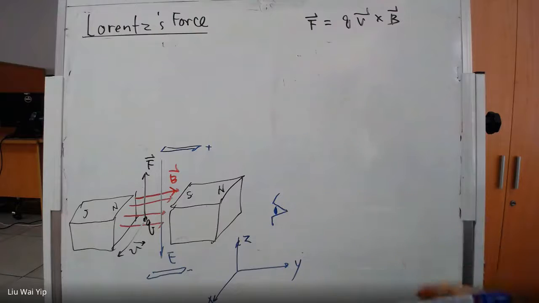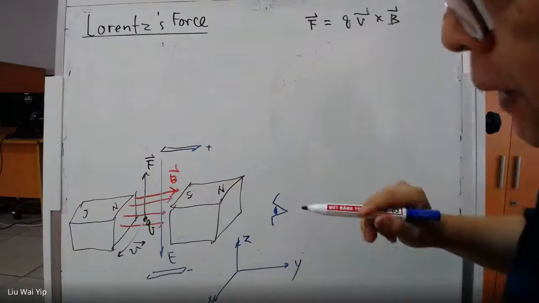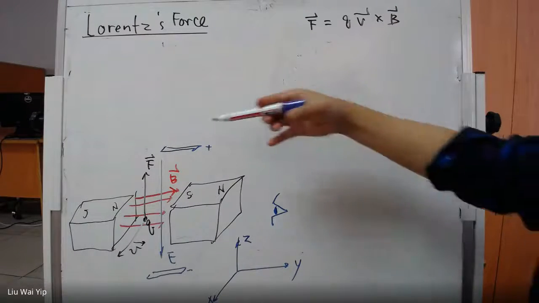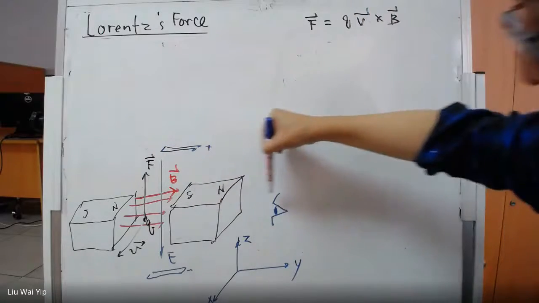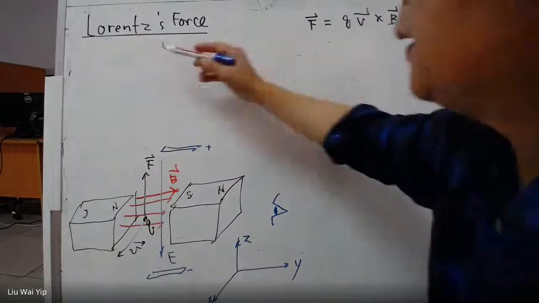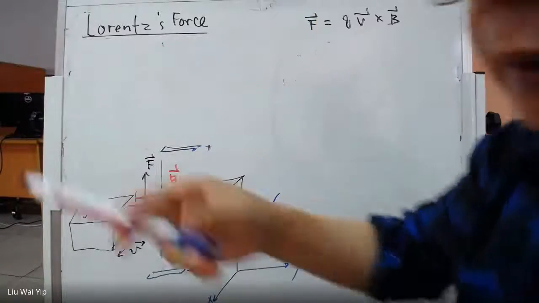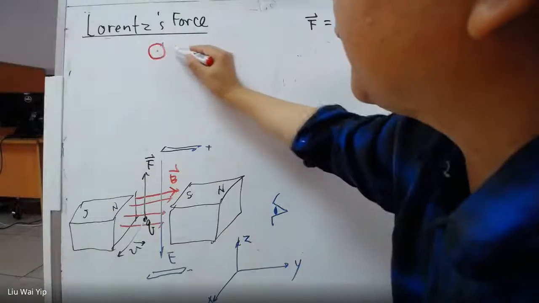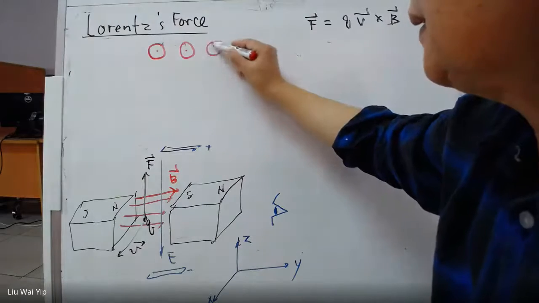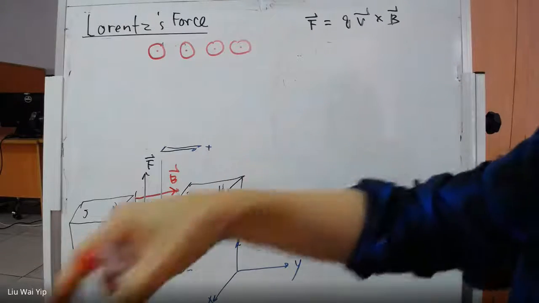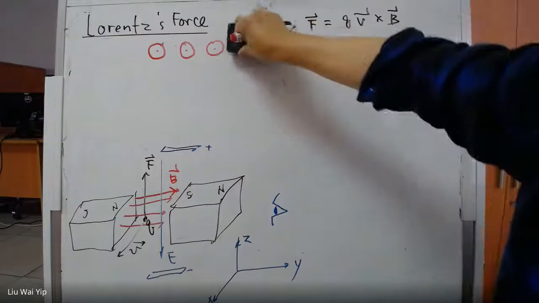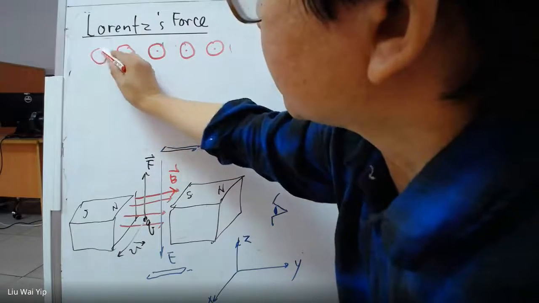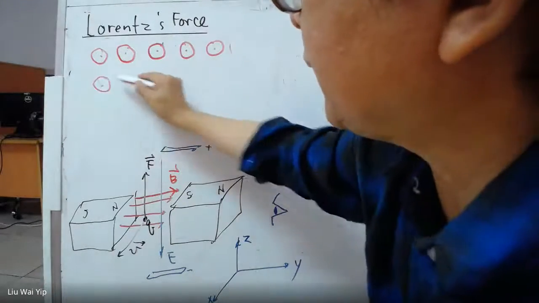Now, we are going to redraw the experimental setup in this space here. And the magnetic field is pointing towards the eye. So this is the magnetic field.